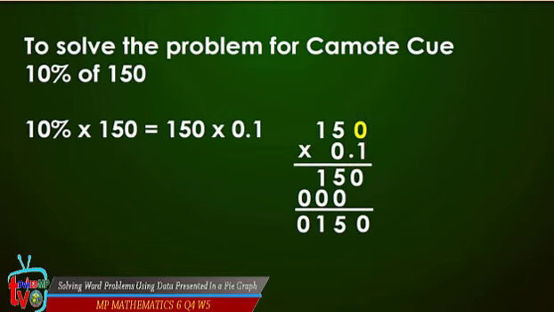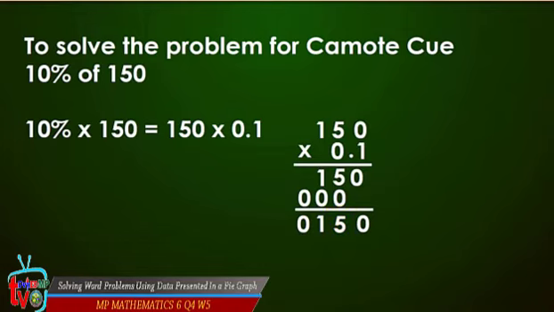1 times 0, 0. 1 times 5, 5. 1 times 1, 1. 0 times 0, 0. 0 times 5, 0. 0 times 1, 0. Get the sum: 0, 5, 1, 0.